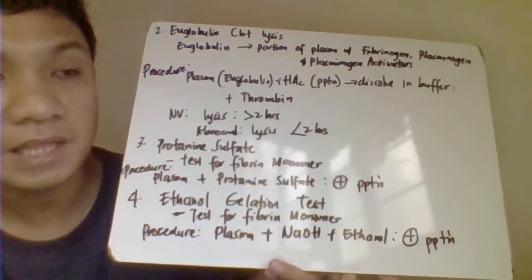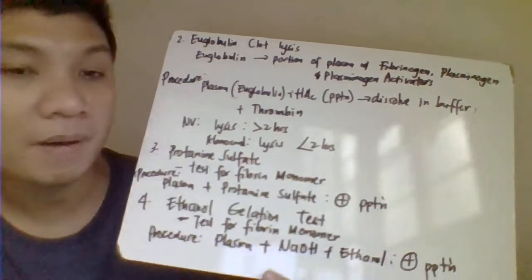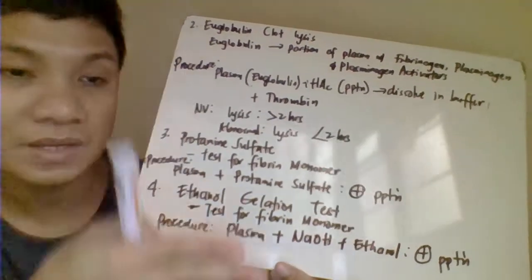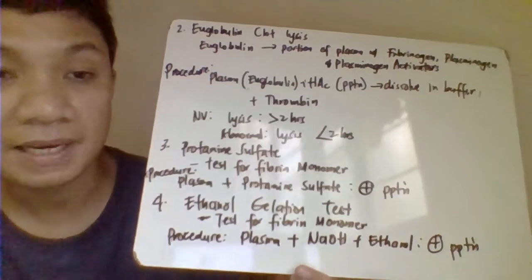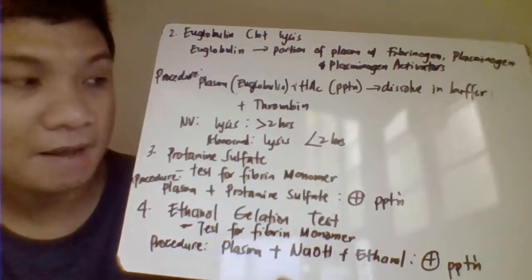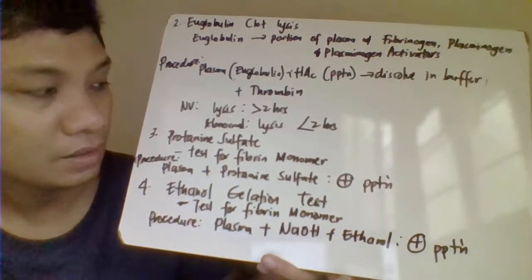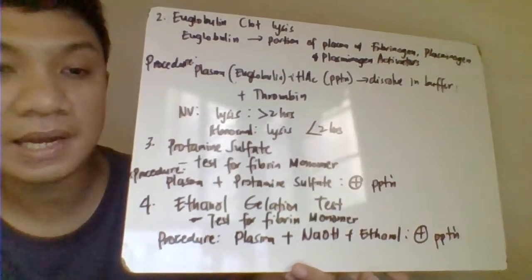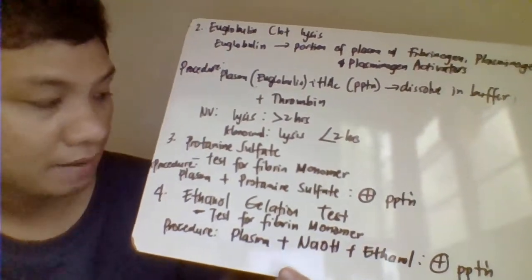Pag na-precipitate mo na, nakuha mo na ang ating euglobulin, you dissolve that one in a buffer. Then, para mag-digest siya, lalagyan mo ng thrombin, and monitor kung kailan siya magla-lyse. Normal, dapat lysis occurs in more than 2 hours. Pag ang lysis natin occurs in less than 2 hours, we consider that abnormal.